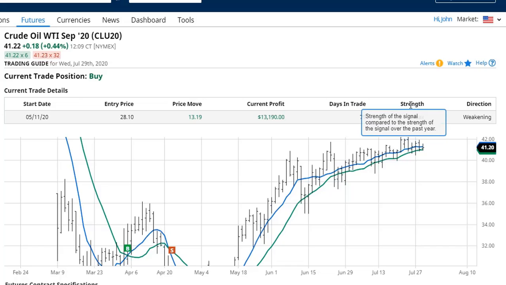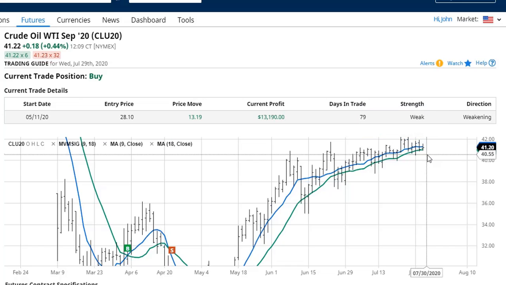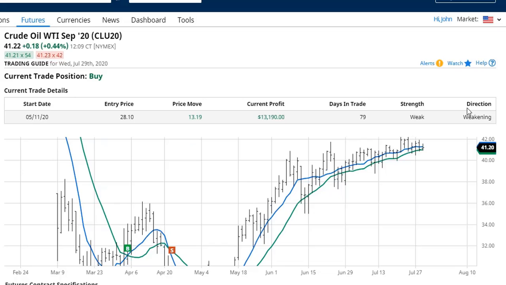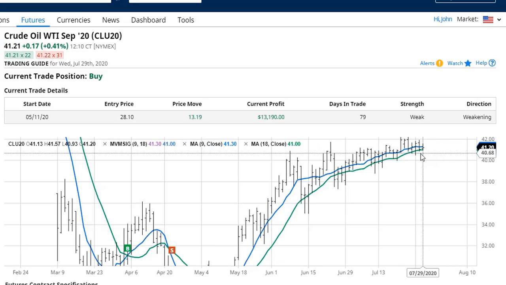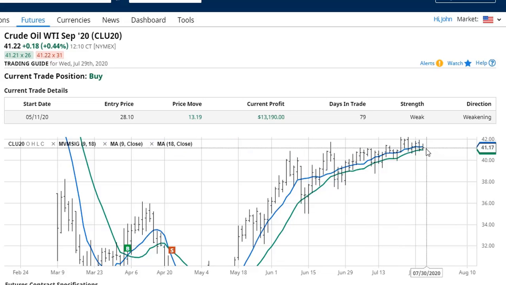And you can see that it says that our strength is a little on the weak side. And direction is going to give us a snapshot of what is going on in our market in the last 3 days, and that says that it's been weakening. So it's kind of given us fair warning that this trend might be coming to an end, that bend at the end, so to speak.